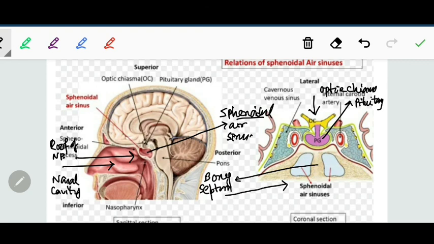Lateral to the sphenoidal sinuses lies a venous channel known as the cavernous sinus. So there are two cavernous sinuses on both sides of the sphenoidal air sinuses. The internal carotid artery, which lies along the floor of the cavernous sinus, also passes by the side of the sphenoidal sinuses. So the lateral relations are the cavernous sinus and internal carotid artery.